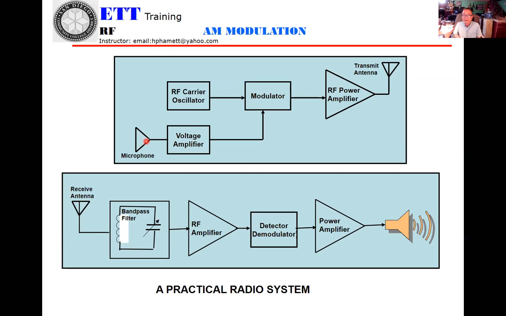They convert your voice, sound wave, into electrical wave. However, that signal will be really weak, so they need to amplify it, so they can get enough voltage to work with the other circuit.